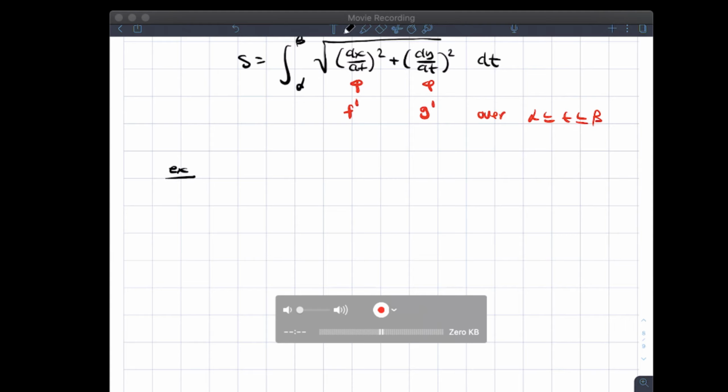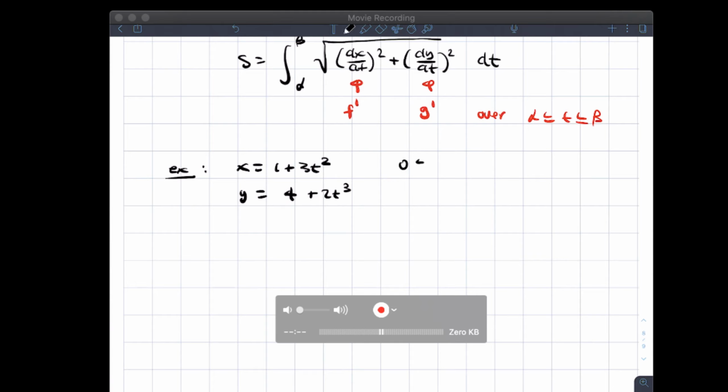So here's your example. So I'm going to look for a good example here. And start us off and say, okay, let's have x equals 1 plus 3t squared, y equals 4 plus 2t cubed.